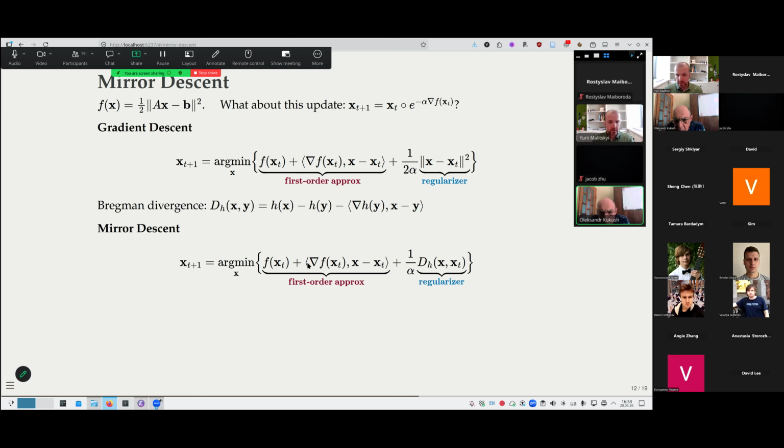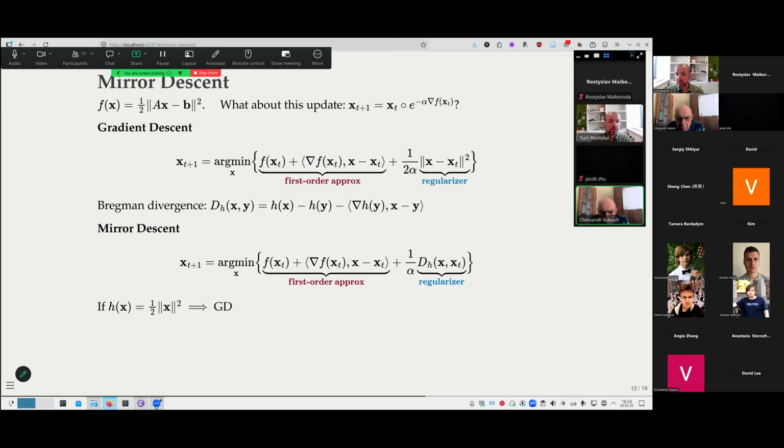We just replace the quadratic regularizer by a more general Bregman regularizer, or Bregman distance, divergence, etc. So I hope it's clear. It's still convex under at least some regularity assumptions. Okay, so as before, if h is a quadratic function, then we recover gradient descent.